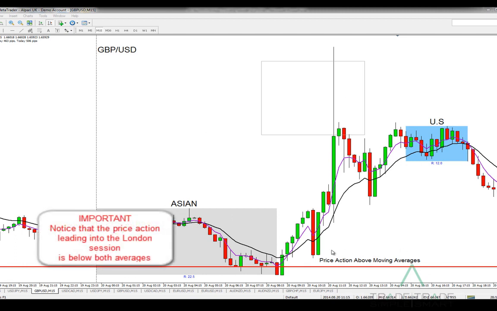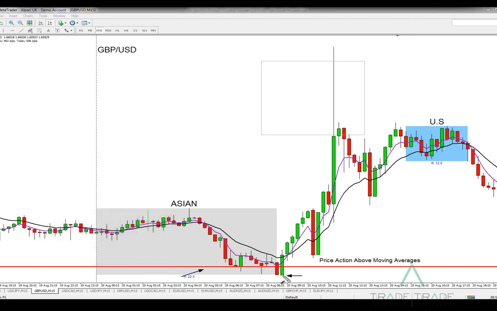So in this example on the sterling against the dollar, where we have the manipulation of the Asian lows, and we can see our stop run candle and also our confirmation candle. Once we receive the cross of the 5 above the 13 moving average, notice that the bar which creates the cross is above both of the moving averages.